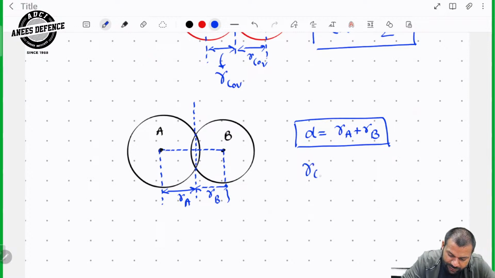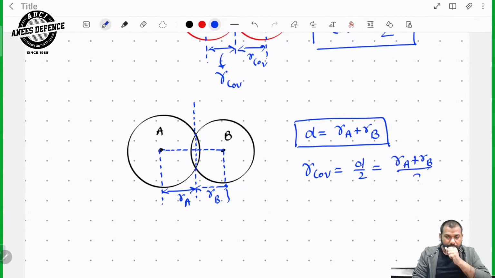So R covalent will be given as D by 2, that is (RA plus RB) by 2. Understood? And the unit for these radii will always be picometer. We will measure them in picometers. Understood?